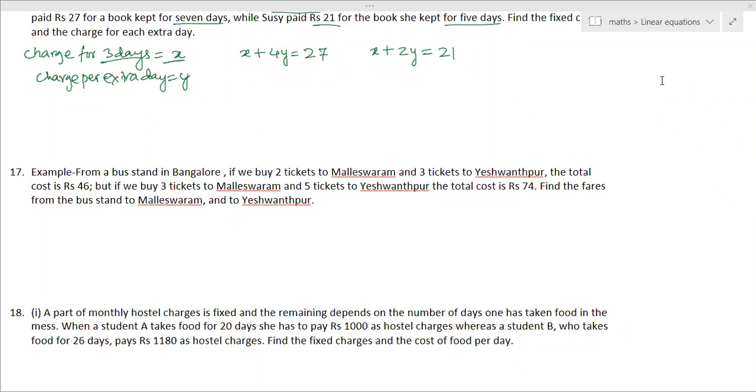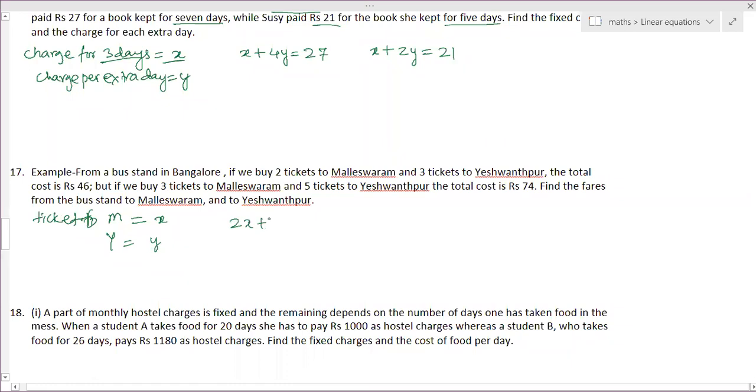The ticket for Malleshwaram is X and the ticket for Yashwantpur is Y. So 2x plus 3y is equal to 46. Another equation is 3x plus 5y is equal to 74.